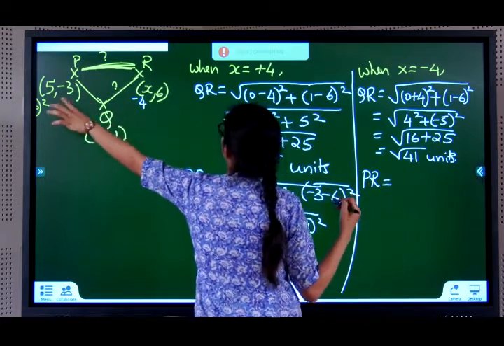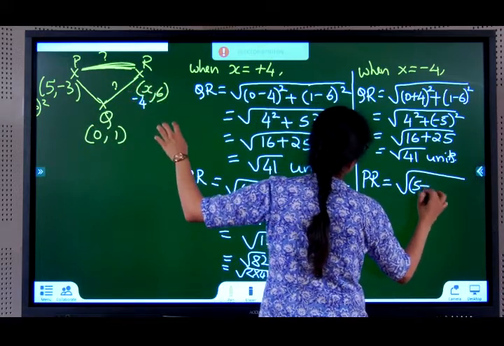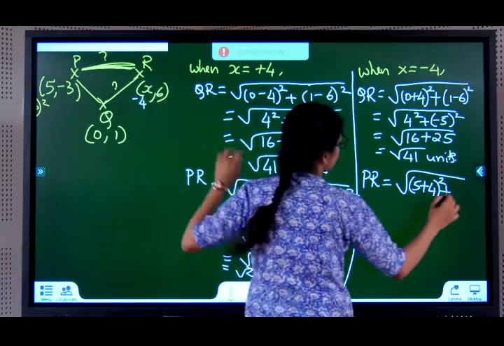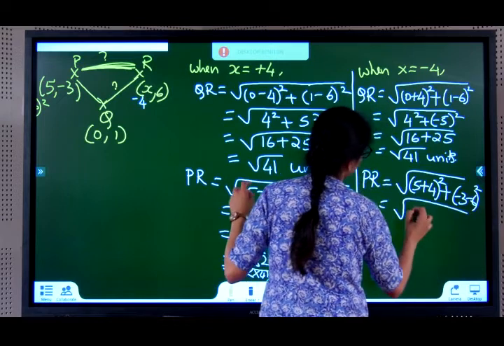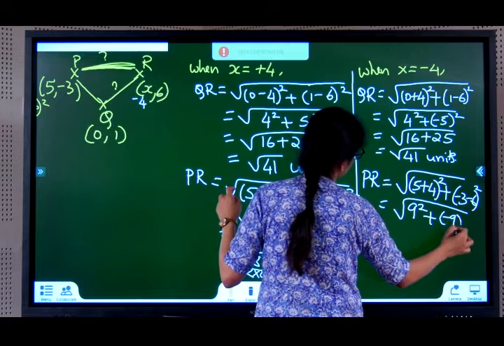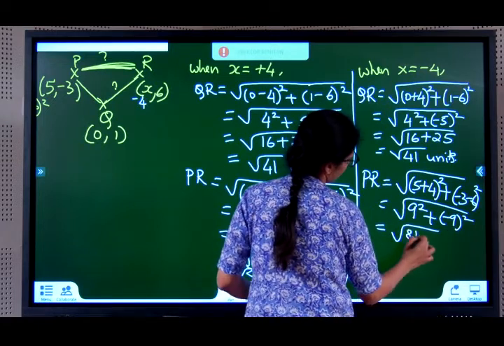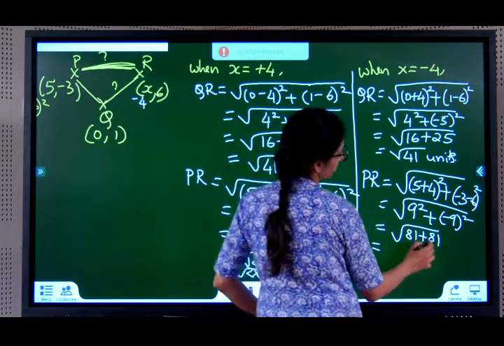Next, PR. PR, 5 minus of minus 4, 5 plus 4, the whole square plus (minus 3 minus 6) the whole square. 5 plus 4, 9 square, minus 3 minus 6, minus 9. 9 square plus 9 square, 81 plus 81.